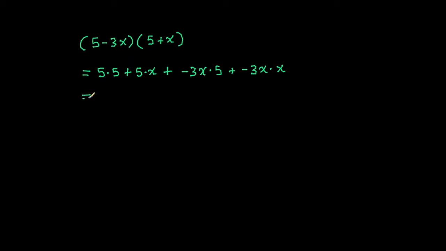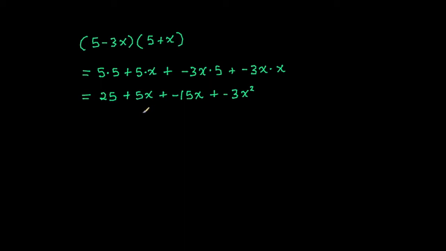So let's simplify this now. 5 times 5 is just 25. Plus 5 times x can't really be simplified because we don't know what x is, so it's just 5x. And here we have plus minus 3 times x times 5. Now 3 times 5 can be simplified to 15, so this is minus 15 times x. And then plus minus 3 times x times x. Now x times x can just be simplified to x squared, so this is minus 3x squared.